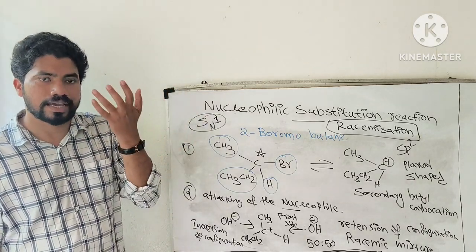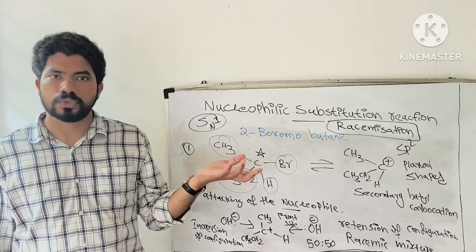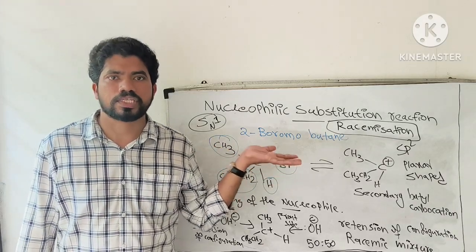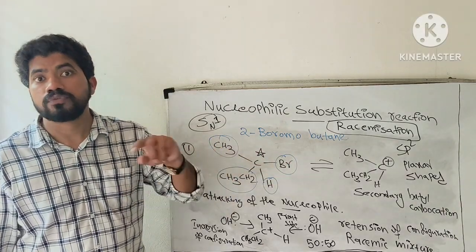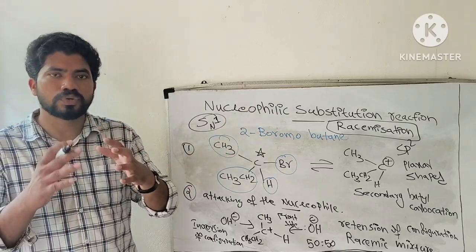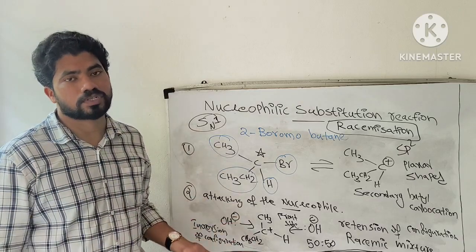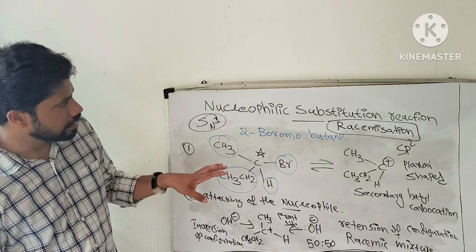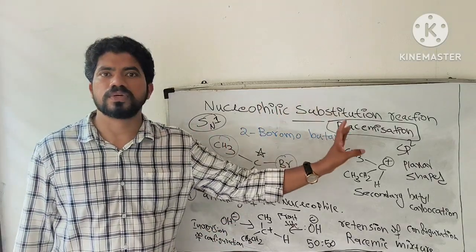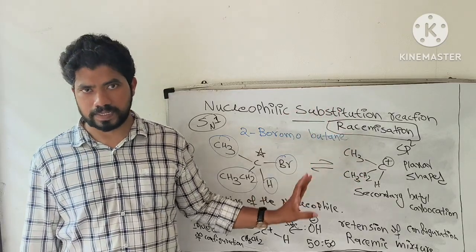I assumed that mechanism during the discussion of the SN2 reaction, that is inversion of configuration. So the SN2 reaction follows the stereochemistry of complete inversion of configuration, while in the case of the SN1 reaction the stereochemistry is just racemization.